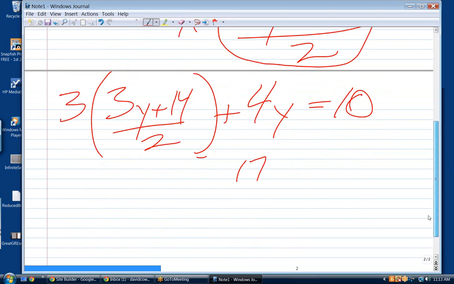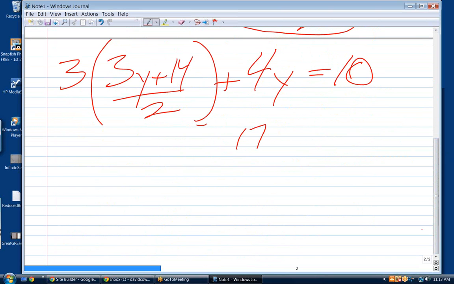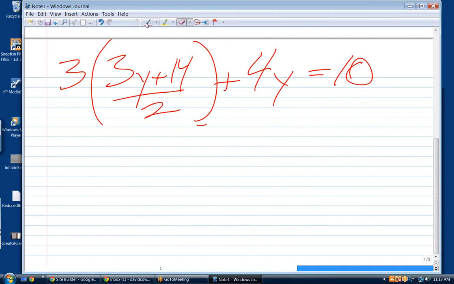That's magic because now I have one equation and one unknown. And you may think that these are hard to solve, but once you master solving these, they're quite easy. You distribute, you get rid of the denominator, you gather like terms, try to isolate y.